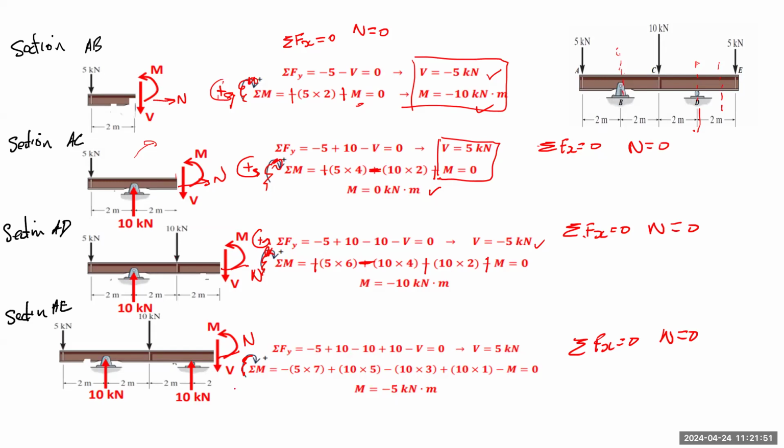The moment now, anti-clockwise positive. We're going to take moment out here. Remember down here we have our 0 point. 5 times all of that distance. So it's 5 times 7 here, because we could consider we cut it somewhere here.